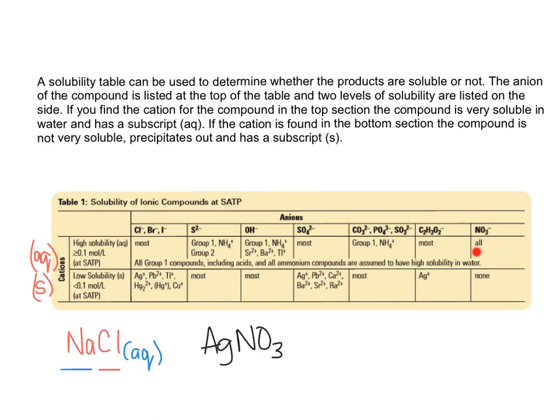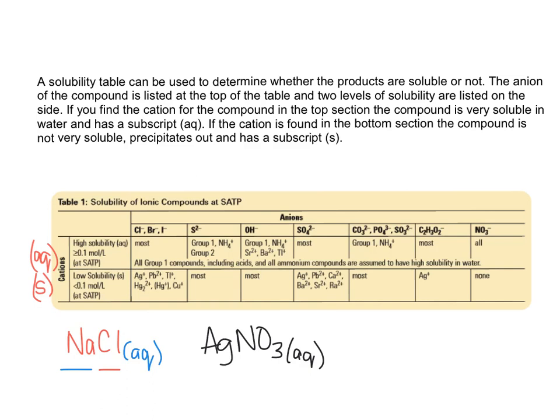It says all are soluble, none are solids. So the top half is your AQ, bottom half is your solids. No nitrates are solids in water. All of them will dissolve. So silver nitrate has an AQ subscript.